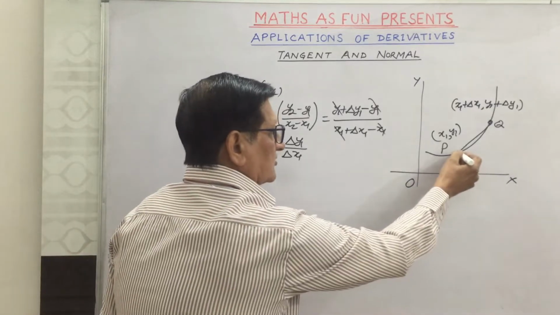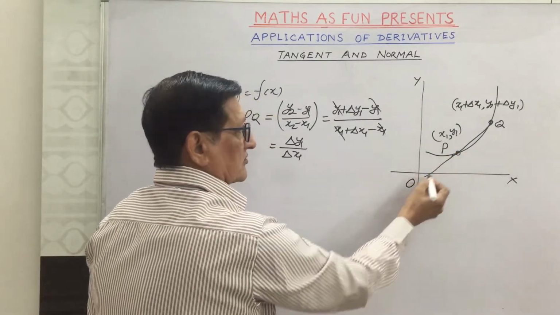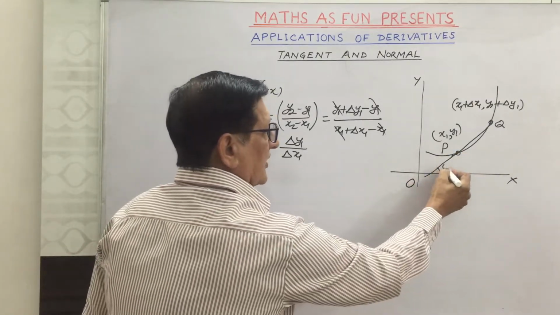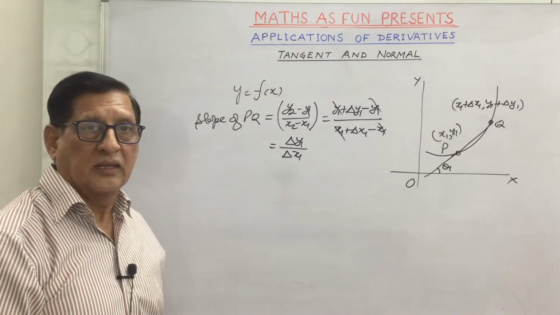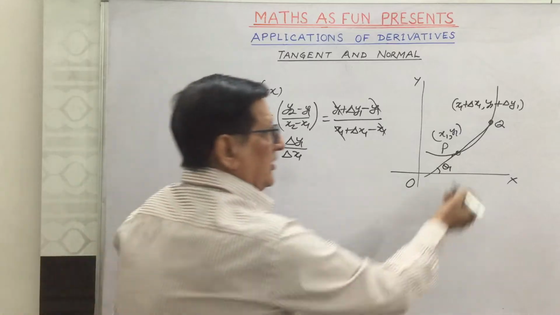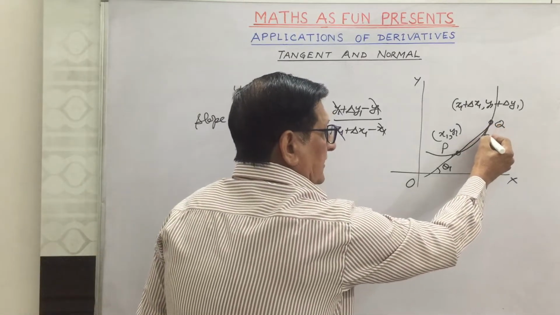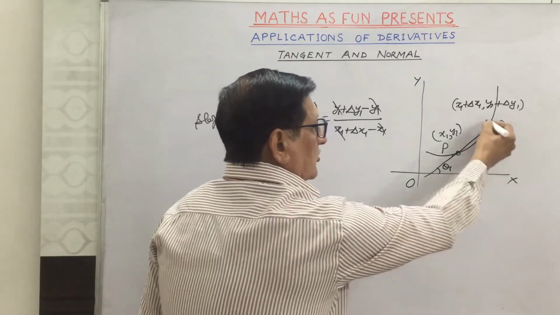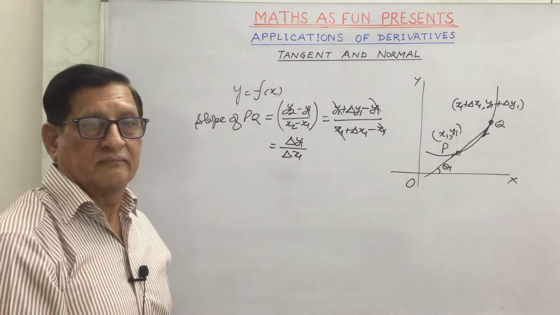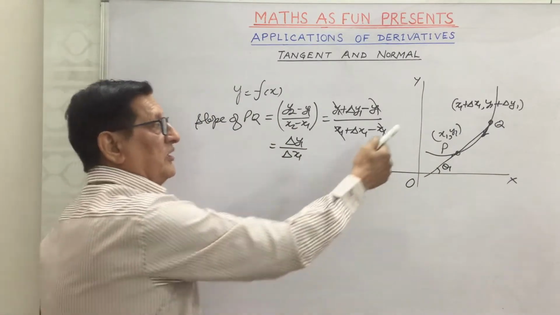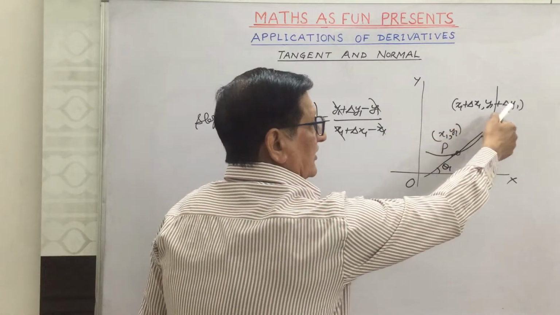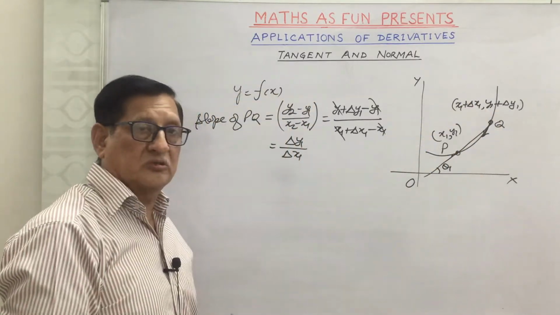Let's produce it to see what angle it makes. It is making, suppose, an angle theta 1 with the x-axis. Now suppose we bring this point Q towards P, then we will find the values of delta x1 and delta y1 will be reduced.